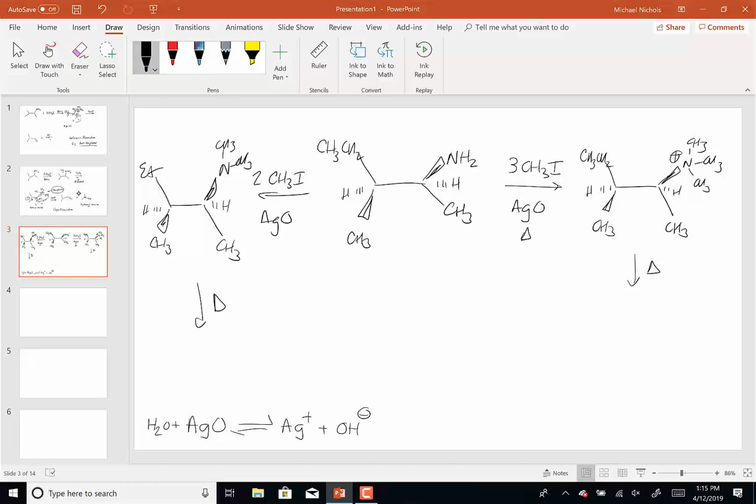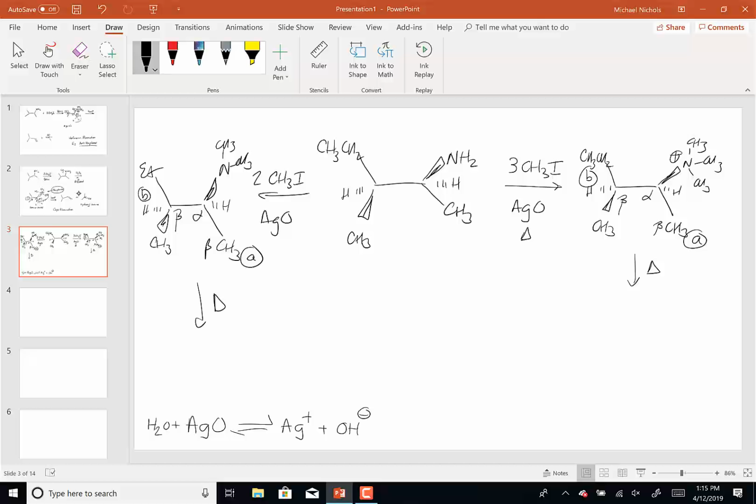Now, going back to this reaction, here's my alpha carbon, here's my alpha carbon, here's a beta carbon, here's a beta carbon, here's a beta carbon, and there's a beta carbon. So I'm going to label these hydrogens A, and I'm going to label this beta hydrogen B. So my question is, what beta hydrogen is going to be lost to form the major product, A or B?